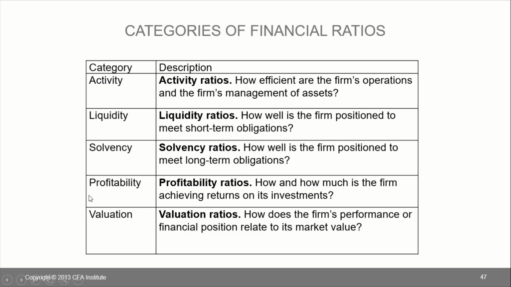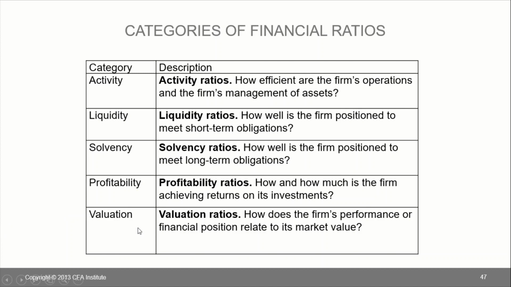While profitability ratios are assessing or gauging the level of profit that the firm is generating. And we know there are so many profits being talked about, from the gross profit to the operating profit to your net income. So, those are the commonly used profitability ratios.